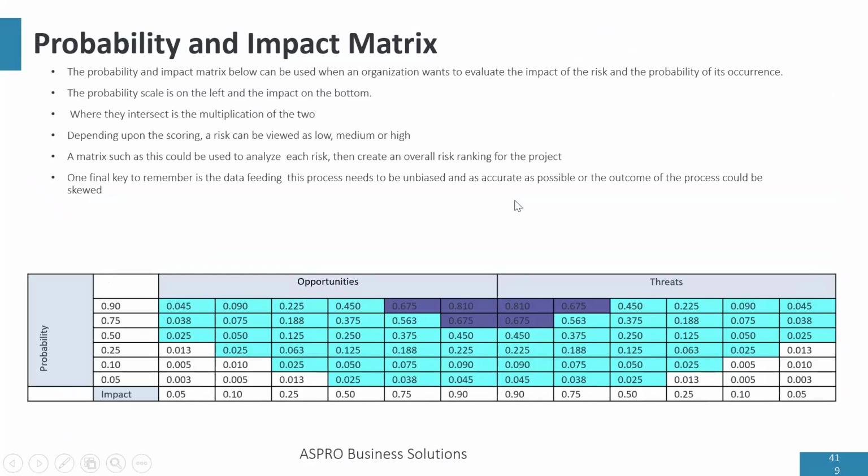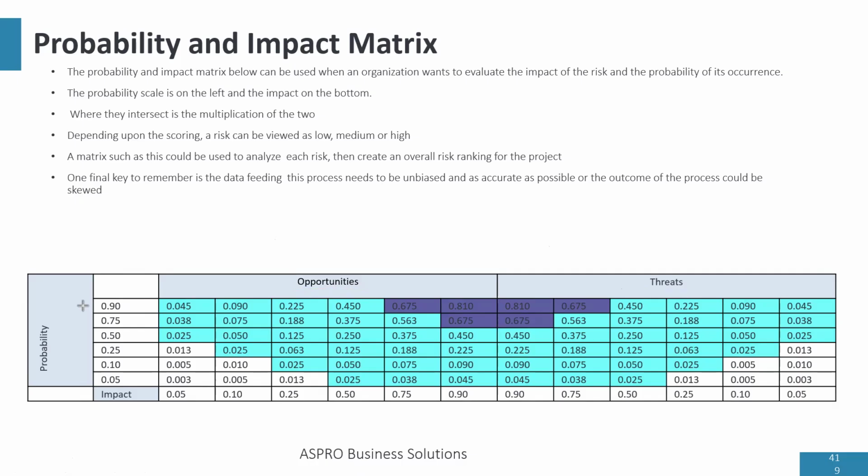Let's go into the probability and impact matrix. This is what the probability and impact matrix looks like, and this is called a double-sided probability and impact matrix. What does that mean? It's double-sided because it has a place where you can assess risk as opportunities and also assess risk as threats.